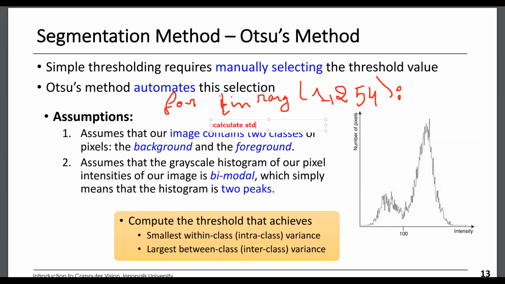Calculate STD left plus STD right, and then we find the minimum of this. If the sum is smaller than the minimum, then the minimum equals the sum and best equals t.